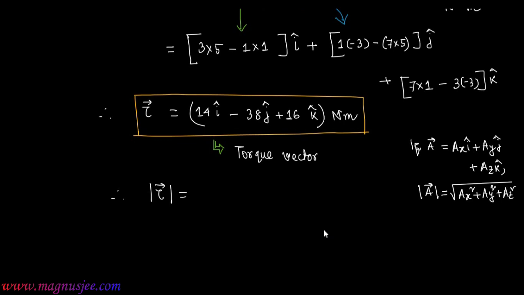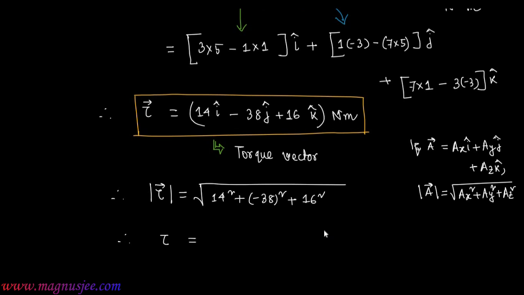That's why we can write mod vector tau will be root over 14 square plus under bracket minus 38 whole square plus 16 square. That is the magnitude of the torque acting on the body.